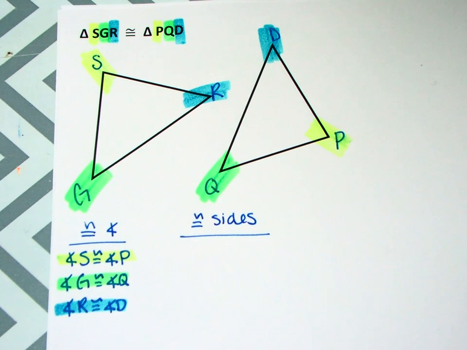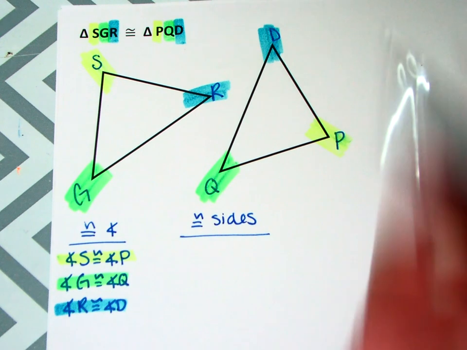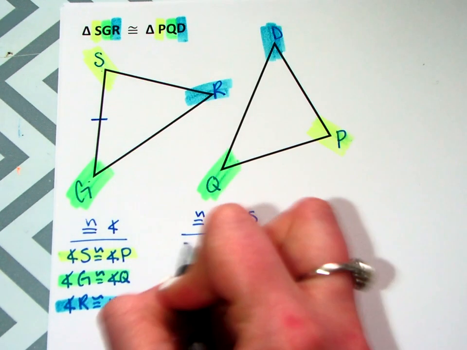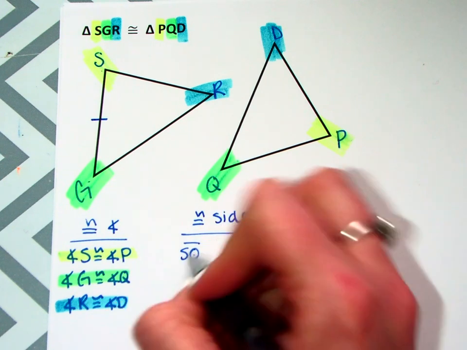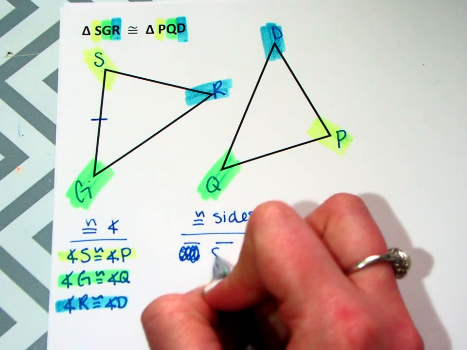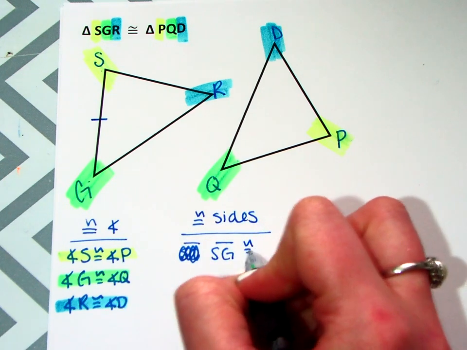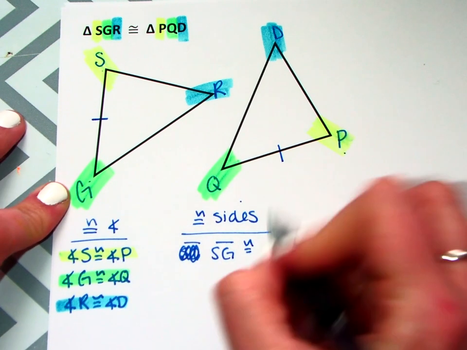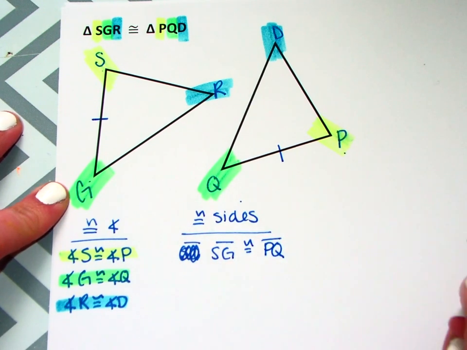Next is to kind of go through and list our congruent sides. If you actually draw on your picture, you should be able to know the congruent sides. So I'm going to look between yellow, green is SG. So segment, oh my gosh, I wrote a Q. Okay, let's kind of go over here. Segment SG is congruent to PQ. Yellow, green, yellow, green. Okay.